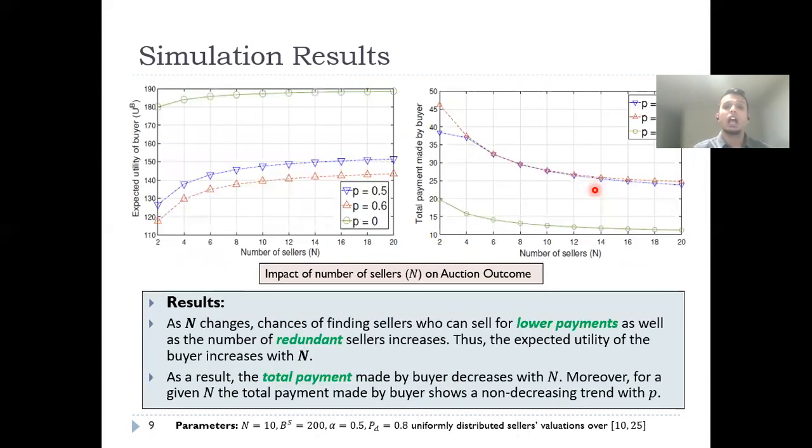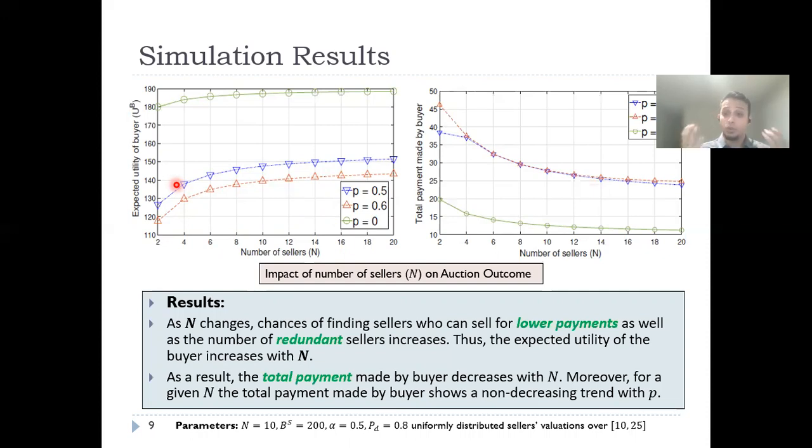Next, let's look at the plot where we have plotted the expected utility of the buyer, UB, versus the number of sellers. Here, what we are able to see is that as we increase the number of sellers for given P values, the expected utility of the buyer increases. Why?